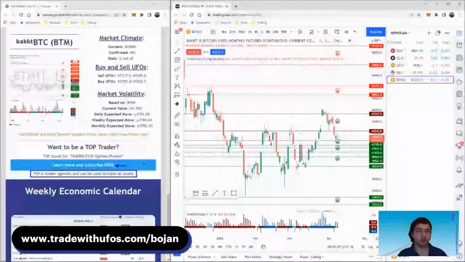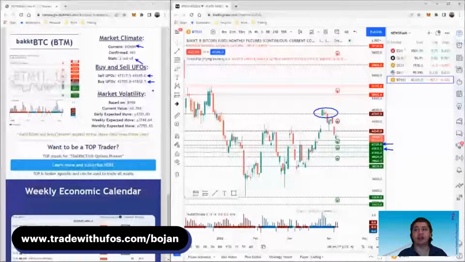Okay, there we got loaded up. Now we are seeing that Bitcoin is not confirmed for 2 days now. The nearest buy UFO, and the sell UFO is the one that got generated from this top here, 47,317.5 to 44,435.